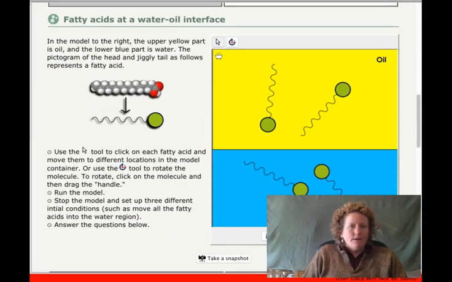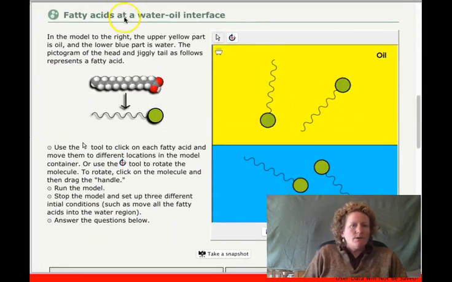All right. Fatty acids at the water-oil interface. So we've simplified the fatty acid here. Here's the carboxyl group. The tail, the hydrophobic tail, is going to be represented as a squiggle. And the head, the polar head, the head that likes water, is going to be represented as the green head here.